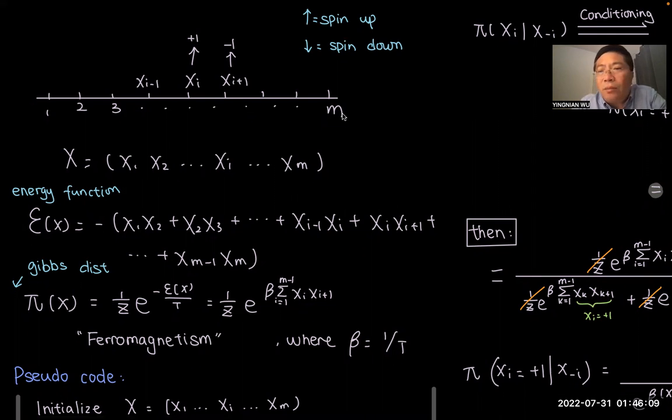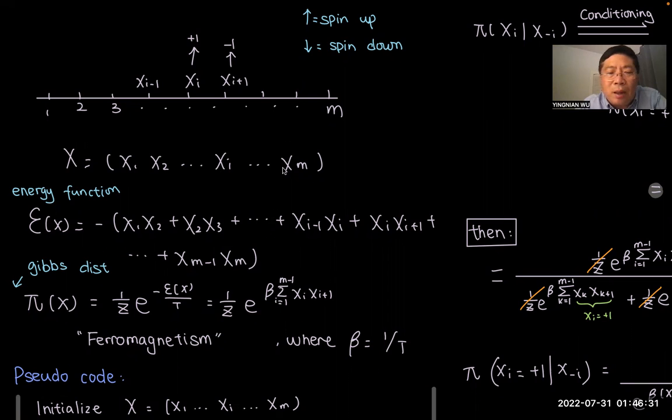So this is a physical model for the so-called ferromagnetic substance, where each site supposedly models an electron, and the electron can either spin up or spin down. But for us, we can think of it as just wanting a joint distribution for those binary random variables.